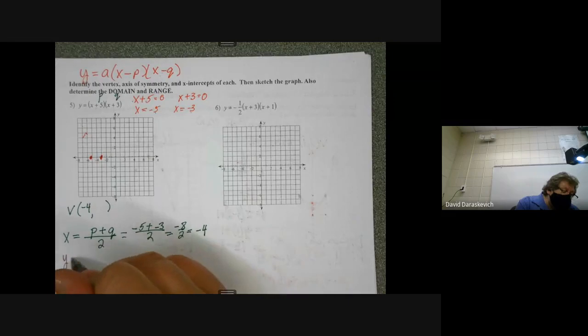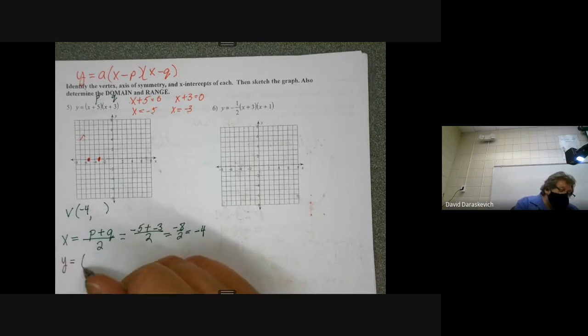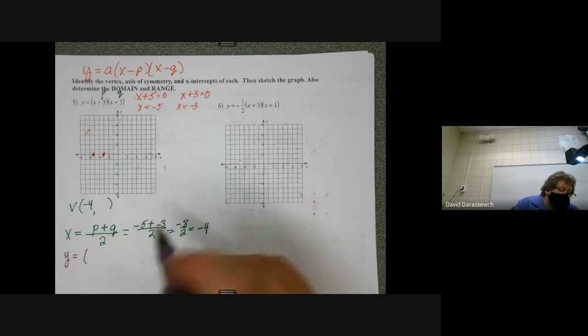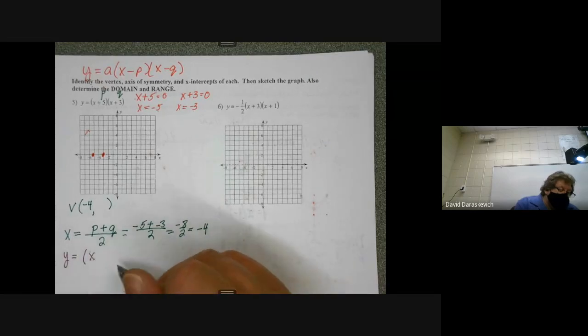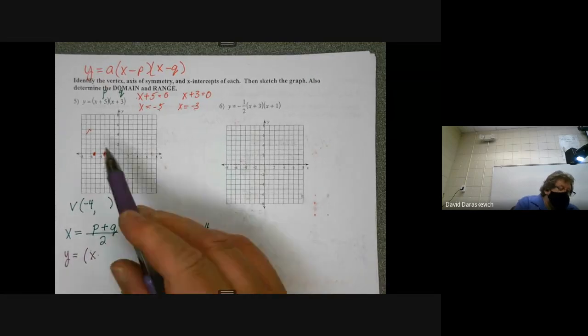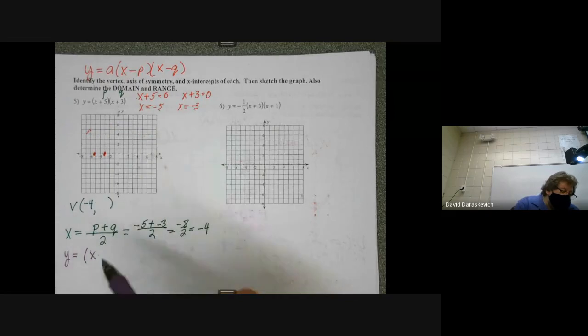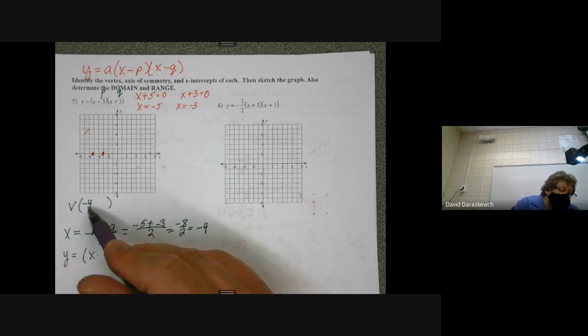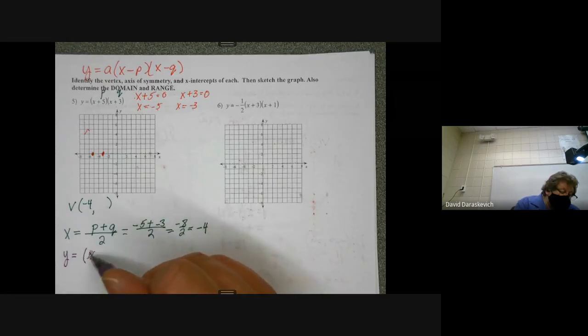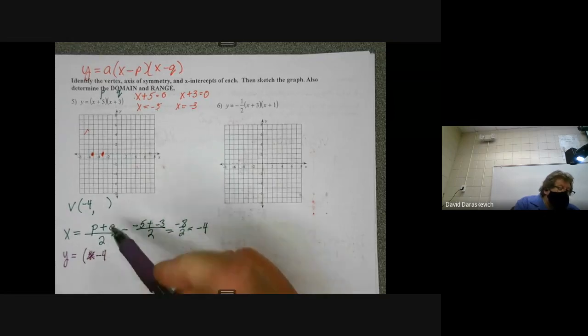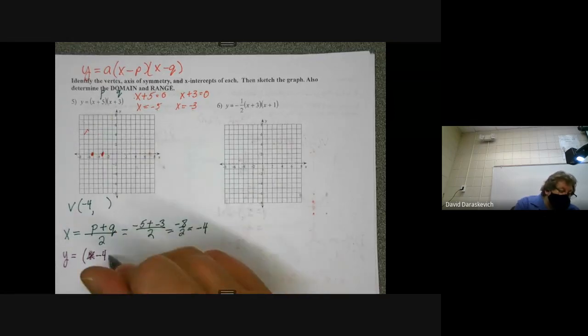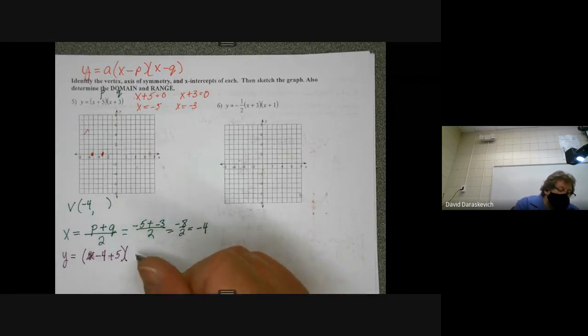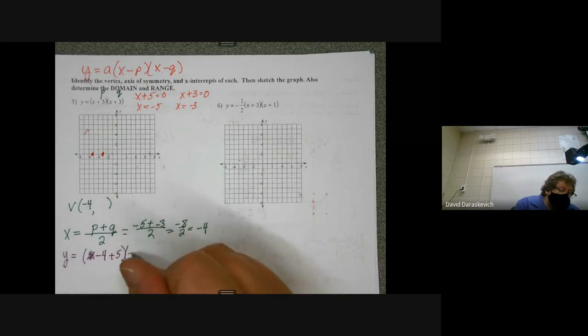Again, a lot of work. So I have my x, plus, oh, I'm sorry, not my x. My x we know is -4. Plus 5 times my x, which is -4, plus 3.